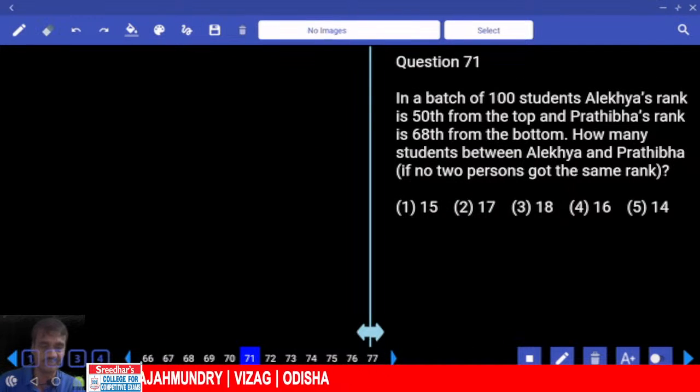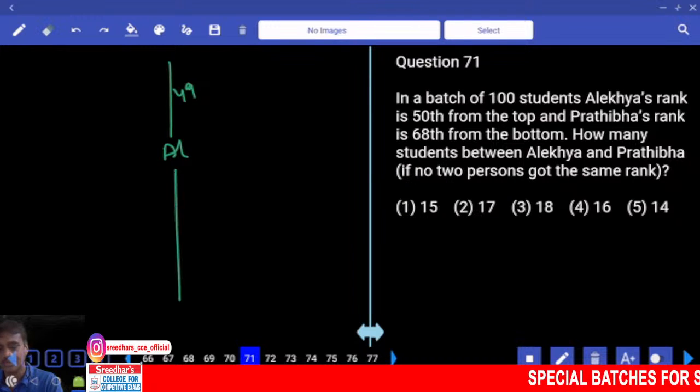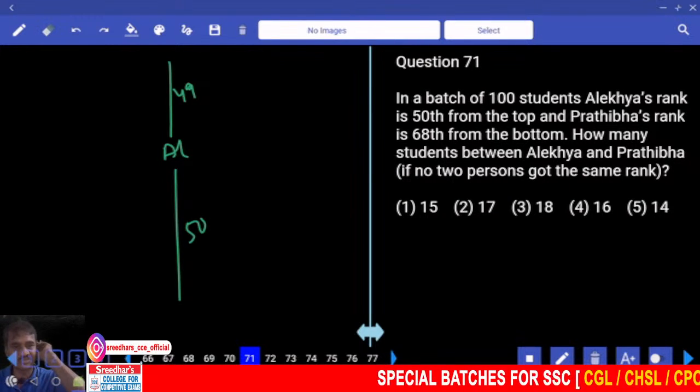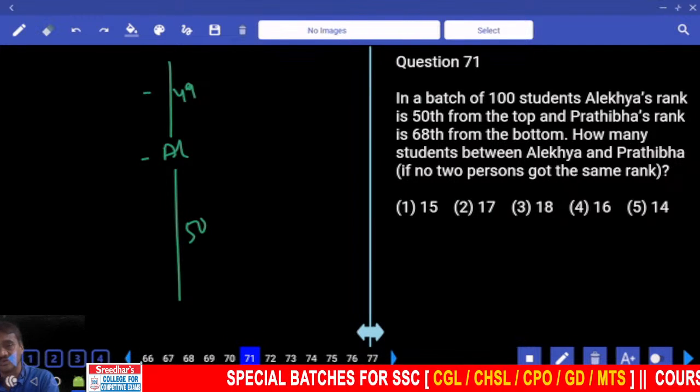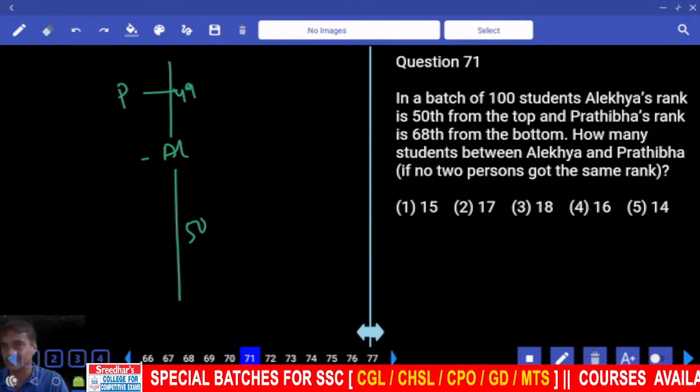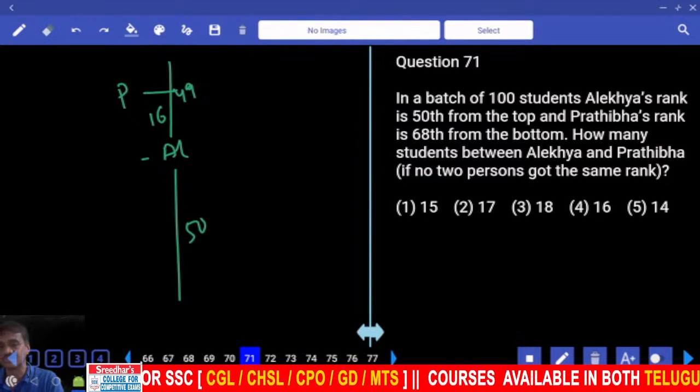The next one, 71. In a batch of 100 students, Alekya is 50th from the top. How many persons are there before Alekya? 49. And after her, 50. Then Pratibha's rank is 68th from the bottom, so 51 plus 16 is 67, 68.